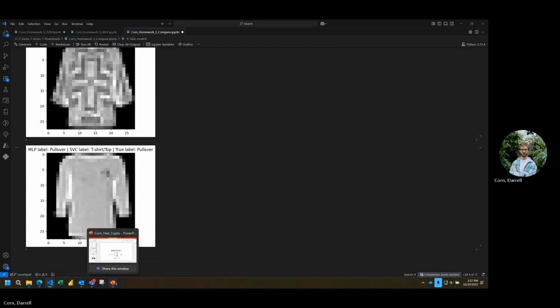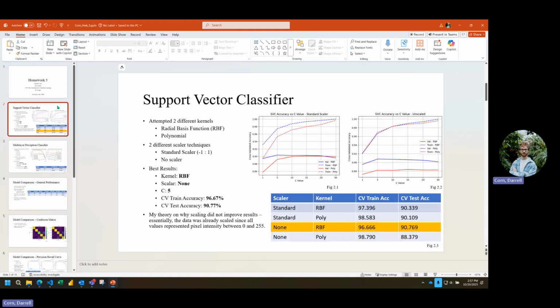Okay, now let's look at the results. Starting with the support vector classifier, I attempted 2 different kernels, the radial basis function, RBF, and polynomial, as well as 2 different scaler techniques, standard and no scaling. Standard scales everything to be between -1 and 1. Interestingly, the best parameters for this function were the RBF kernel and no scaling, which is surprising because it's pretty common to use scaling for support vector classifiers.